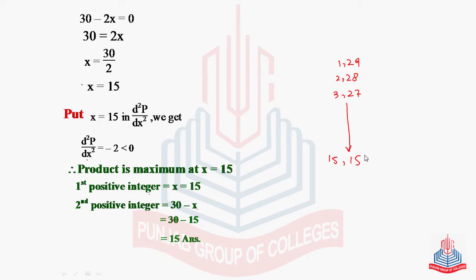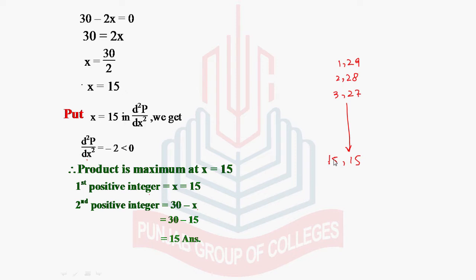So this is actually the practical application of the maxima minima second derivative test. We can easily evaluate the maximum or minimum value by this process, instead of checking the numbers manually.